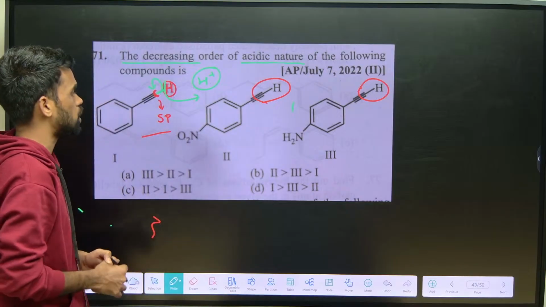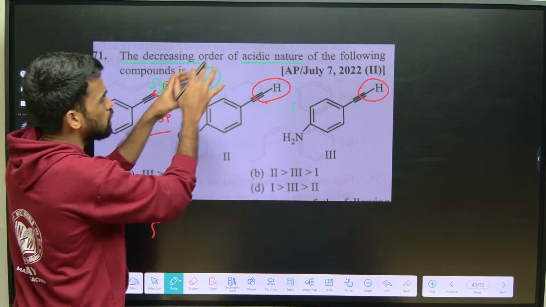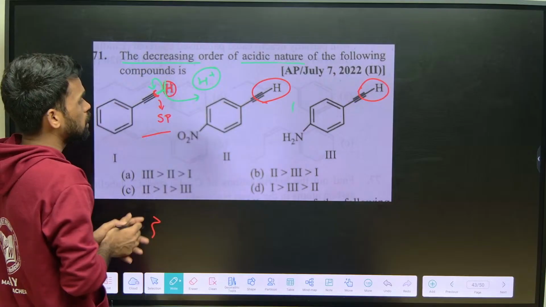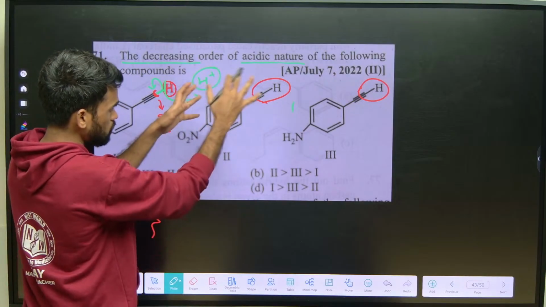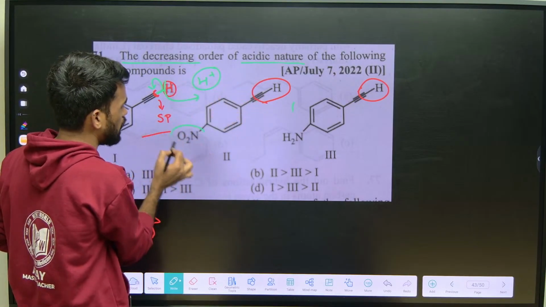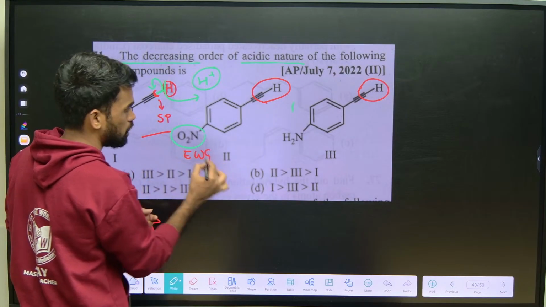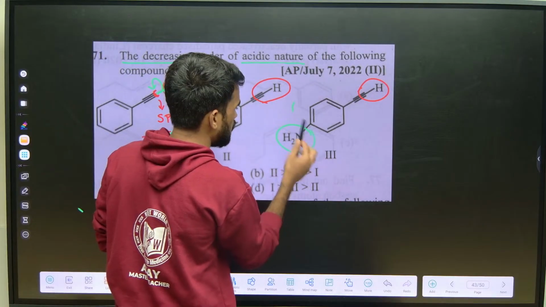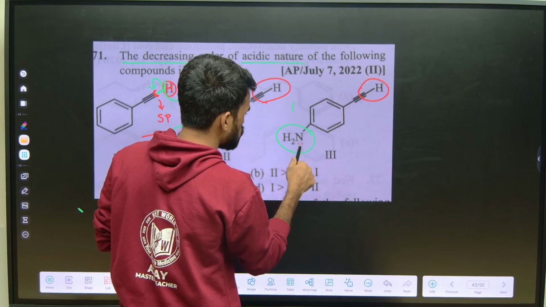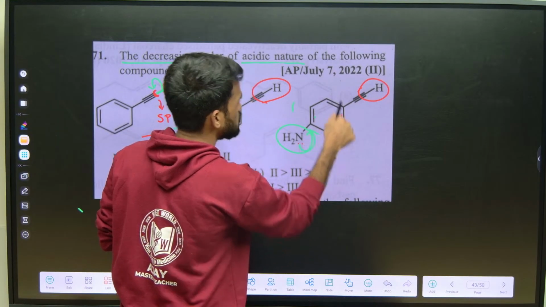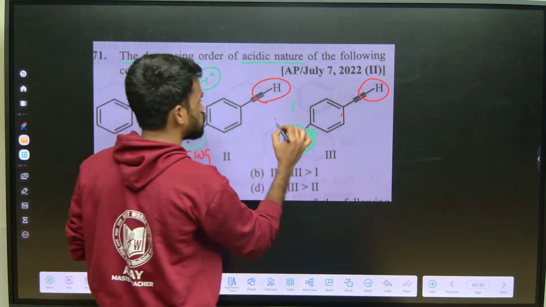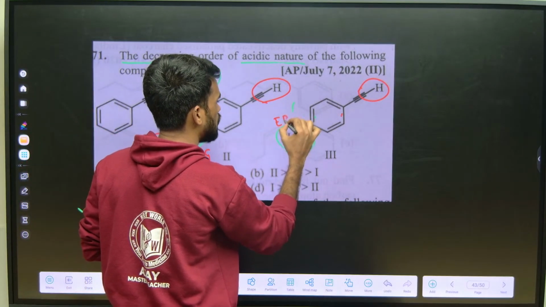Now it depends on the group attached to the alkyne as a substituent. Here you can see on this phenyl ring we have a nitro group, which is considered an electron withdrawing group, whereas here an NH2 group is there. These nitrogen lone pairs are in conjugation with the ring electrons, so I can say this is a strong ring activating, electron releasing group.